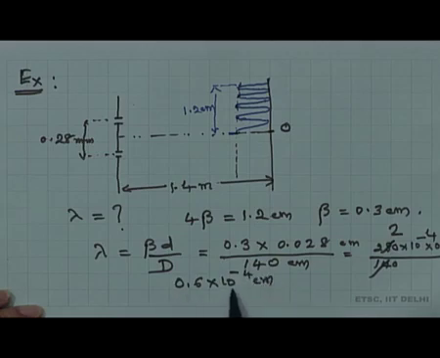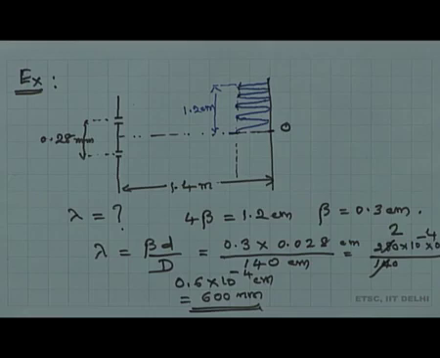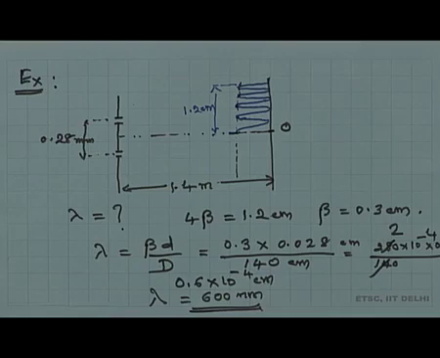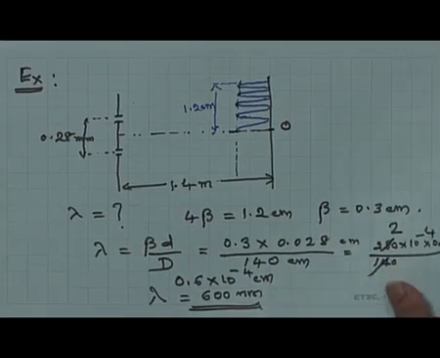This is nothing but 10 power minus 4 centimeter is micrometer. So, this is equal to 0.6 micrometer or 600 nanometer. So, that is the answer. The wavelength of light lambda is equal to 600 nanometers. Quite a simple example, and one only needs to identify the given data and we can obtain the wavelength of light.